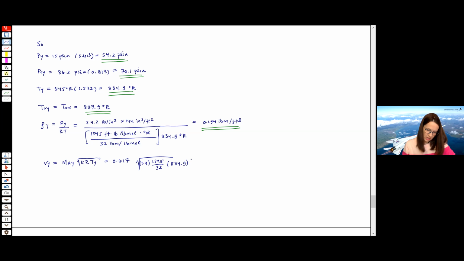And then we've got another 32.2 that we need to get the right units. And we end up with 831.7 feet per second.